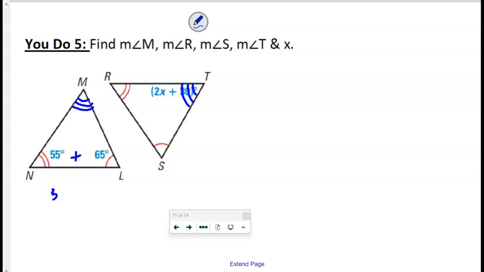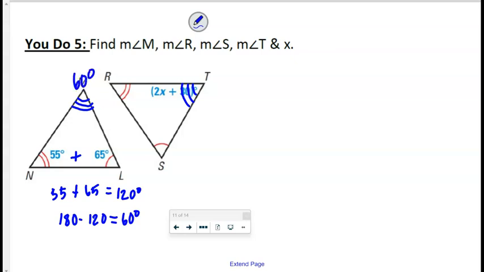So 55 plus 65, that's going to be equal to 120, right? And then to find the measure of angle M, wouldn't we do 180 minus 120? That's going to be 60 degrees, right? So the measure of this angle is 60.